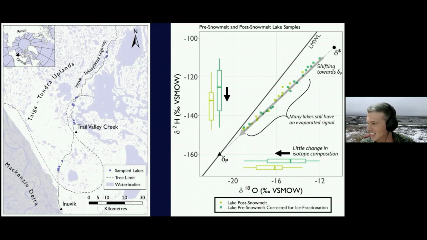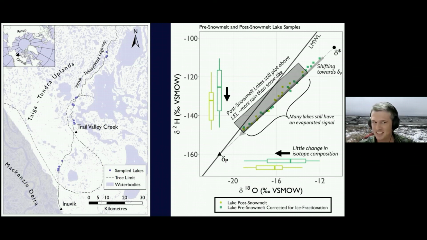Again, a lot of the lakes still plotted along this line between delta P and delta star, which we call the evaporation line. So a lot of them still had an evaporated signal that indicated that not a lot of water had been replaced. And the last interesting thing is that a lot of these post-snowmelt points are plotting above delta star.